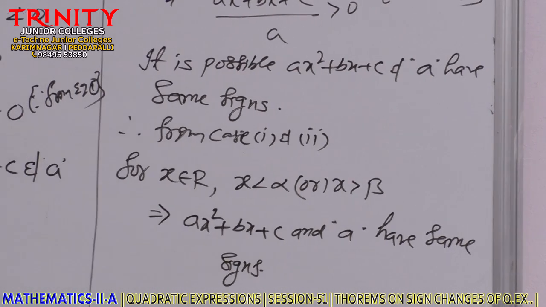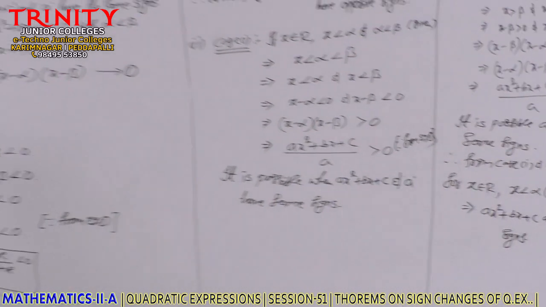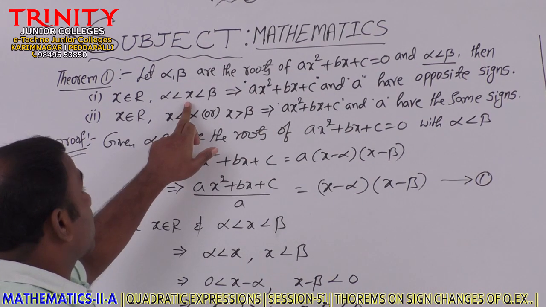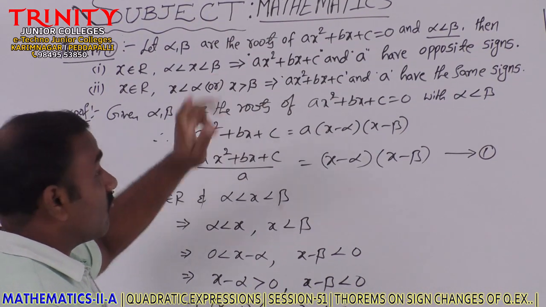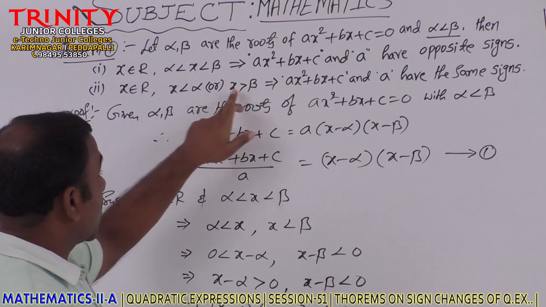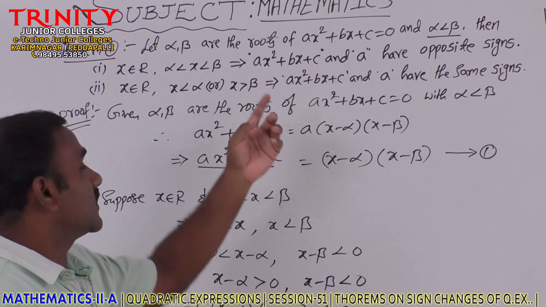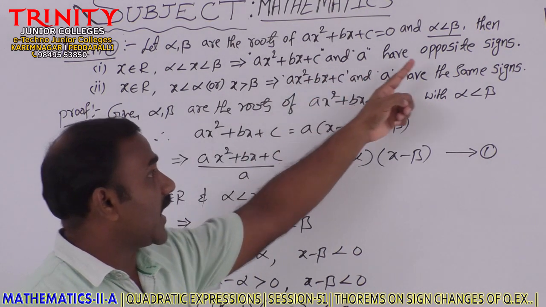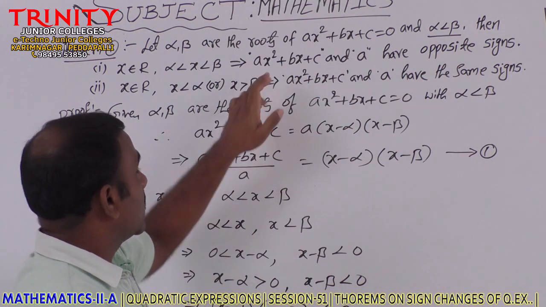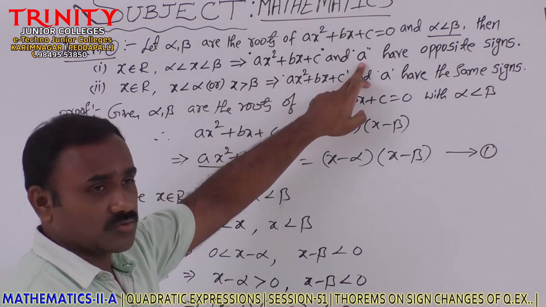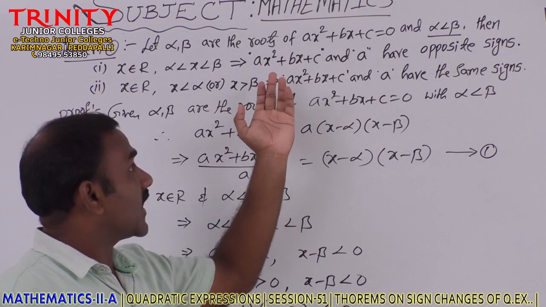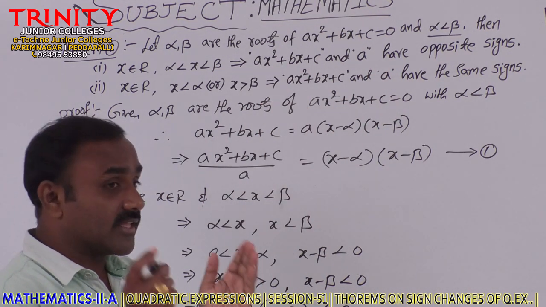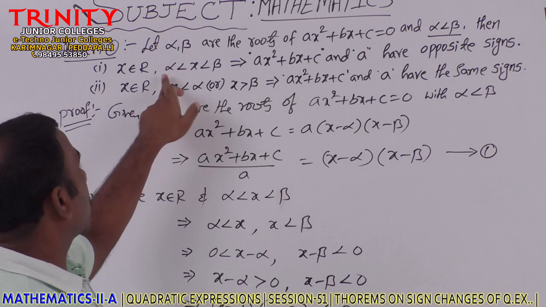This is the theorem which is useful for us when x lies in between alpha comma beta. When the expression and the coefficient of x square, a, have opposite signs, meaning expression is positive and a is negative, or expression is negative and a is positive, then x lies in between alpha comma beta.